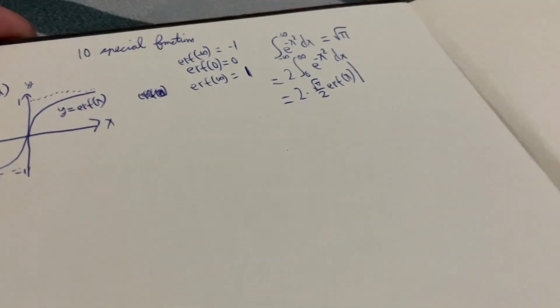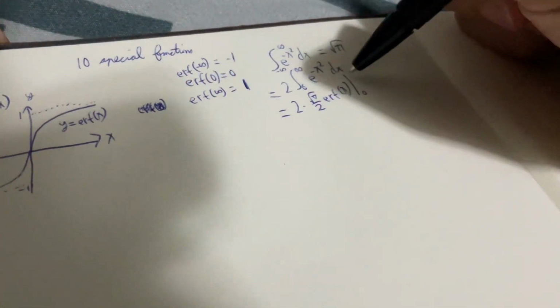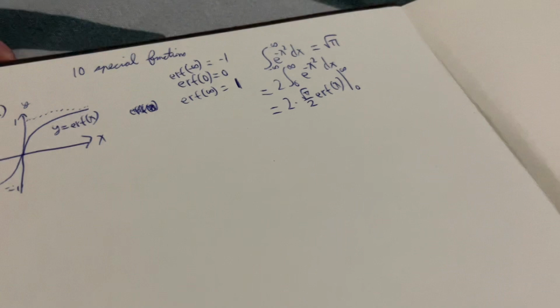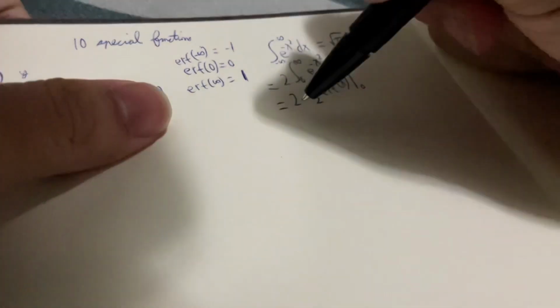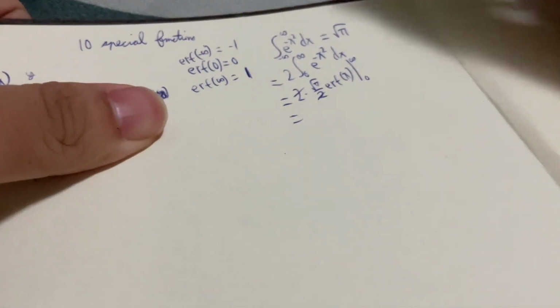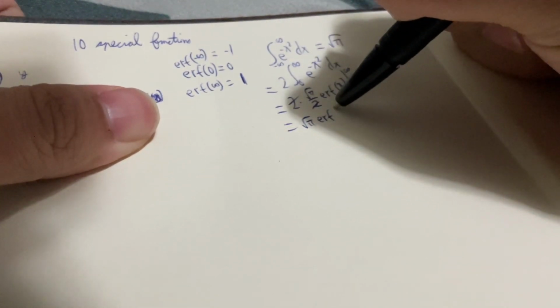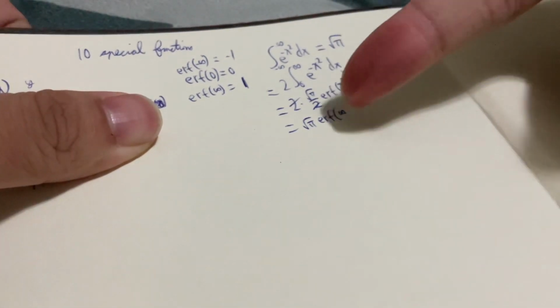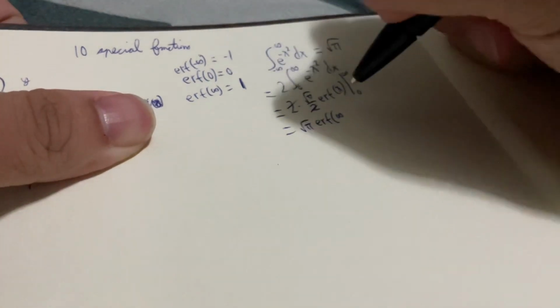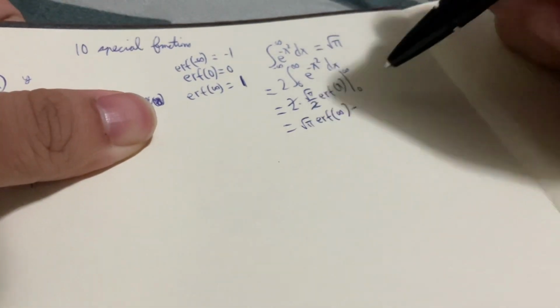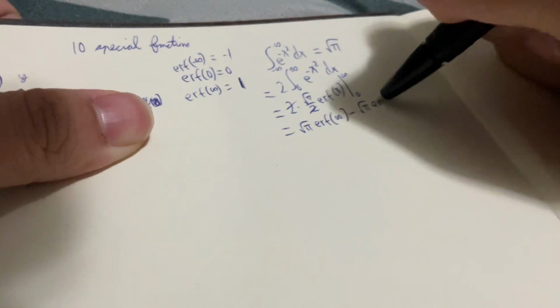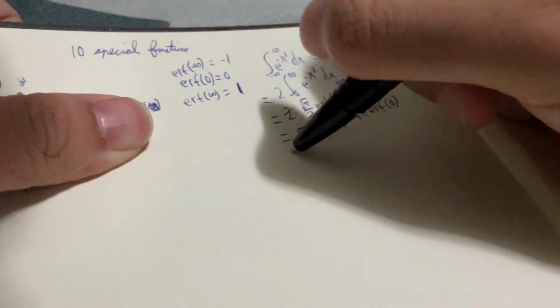And don't forget to put 0 and infinity later on. So the 2 and 2 cancel, and you get square root of pi erf(infinity). Let me just distribute the square root of pi, and then subtract square root of pi times erf(0), like that.